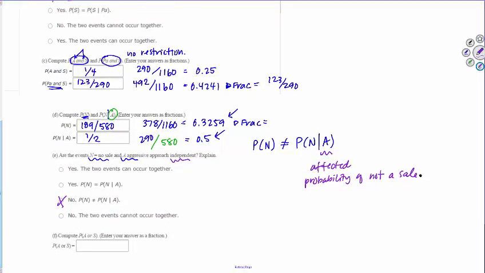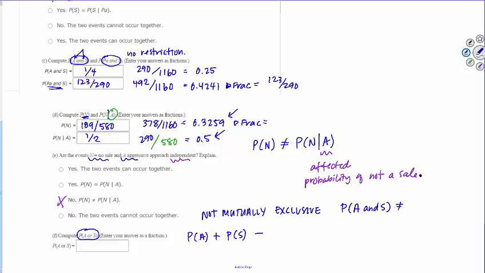Finally, we can talk about the probability of having an aggressive approach or making a sale. This is the probability of an aggressive approach or the probability of making a sale. Notice that these guys are not mutually exclusive. That is because the probability of having an aggressive approach and making a sale is not 0.